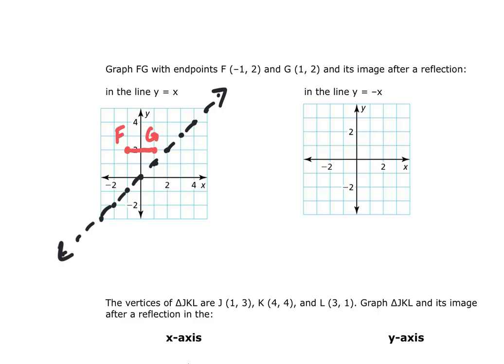So when I reflect this, there's a couple of different ways you could do this, okay? But in this case, we got F prime and we got G prime. Okay? If I'm going to do F prime, I'm going to take my original ordered pair and I'm flipping it around. So it's going to become 2, -1.